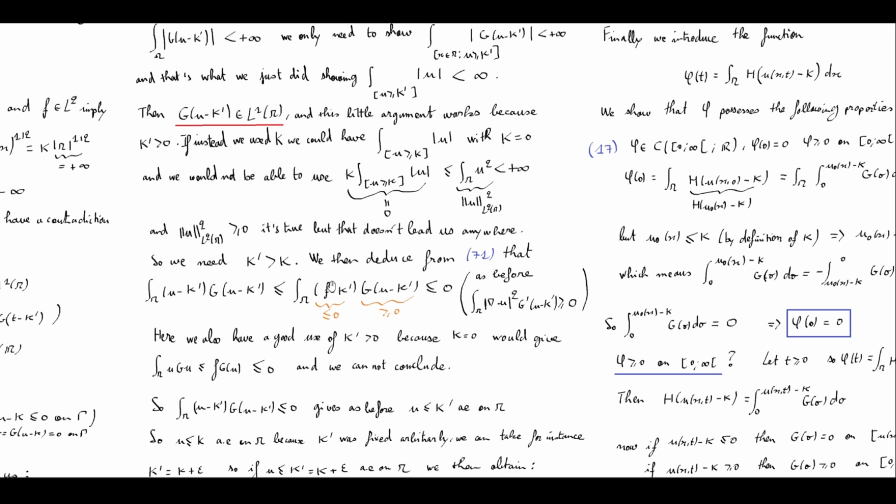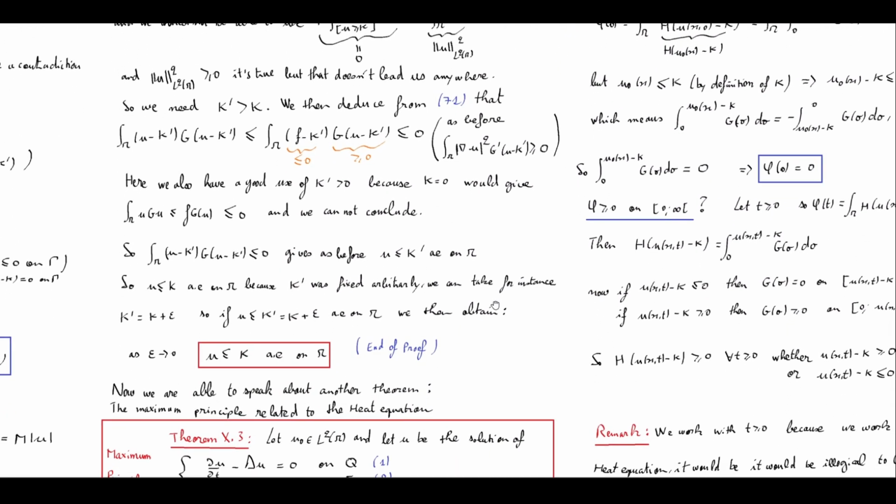As before, the integral on omega of the absolute value of nabla u squared times g prime of u minus q prime is positive. Here we also have a good use of q prime slightly positive, because k equals 0 will give the following inequality, and we cannot conclude. We wouldn't be able to go any further. So the integral on omega of u minus q prime times g of u minus q prime is smaller or equal to 0.